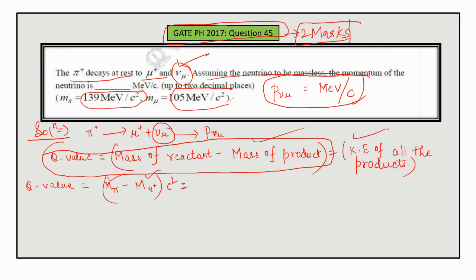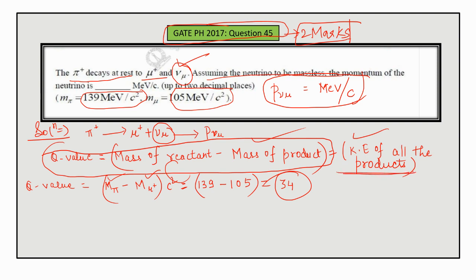It will be 139, because the unit is MeV by c square, so c square will cancel. So we just need to subtract 105 from 139. You have to be very careful with the units here. So it will give 34. Okay, now I got the Q value is 34.